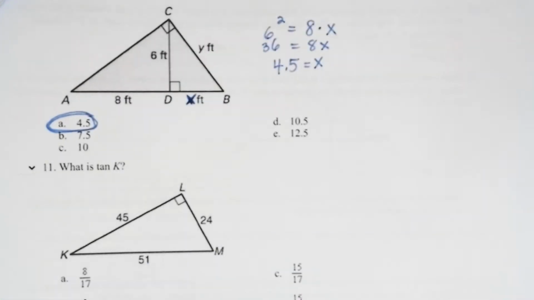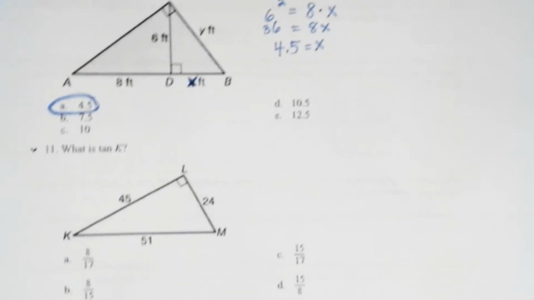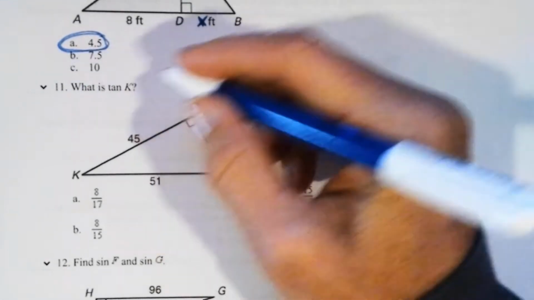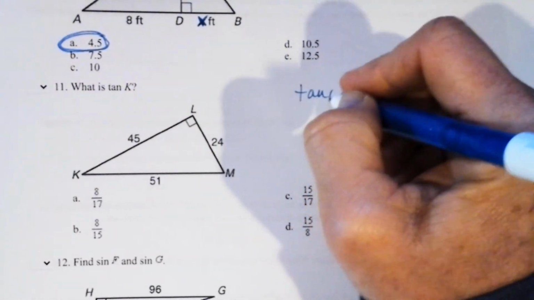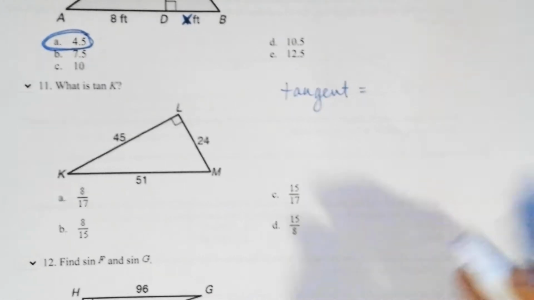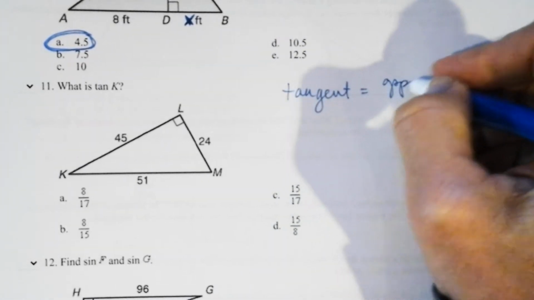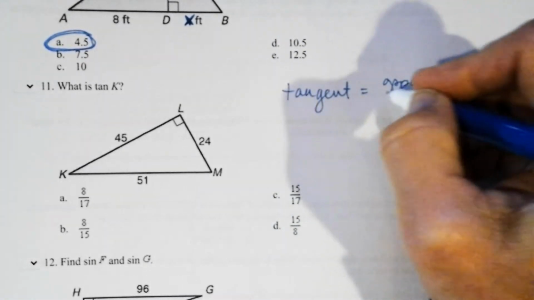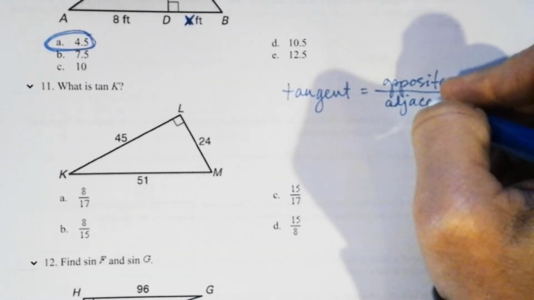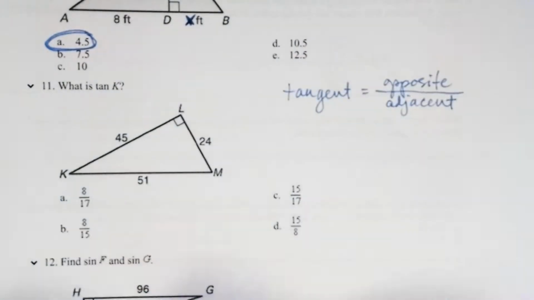Any questions? Section 3. Because what we're going to do now is move on to section 4, which is tangent. Okay, what is tan K? Remember that the tangent ratio, the tangent of an angle, is equal to the opposite leg over the adjacent leg. It's the TOA in SOHCAHTOA.